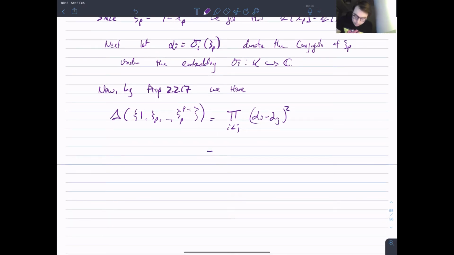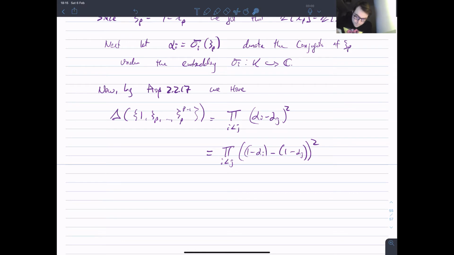And I'm just going to rewrite this as the product over i < j of ((1 - α_i) - (1 - α_j)) squared. Just put ones on both sides.